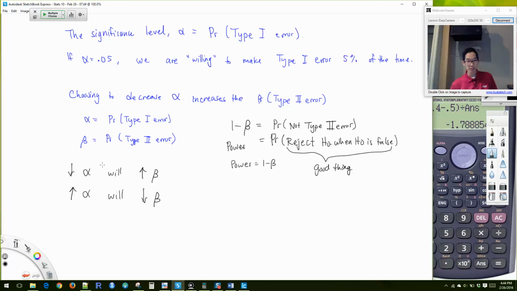In general, we have a choice of alpha. We don't really have a choice over beta. So we can choose alpha, we can't choose beta, but we can modify alpha so beta fits the needs that we want.